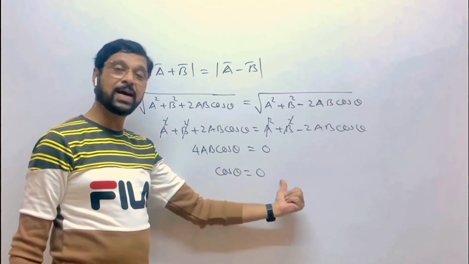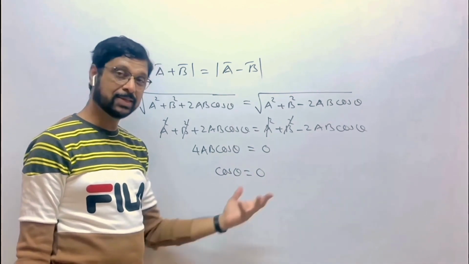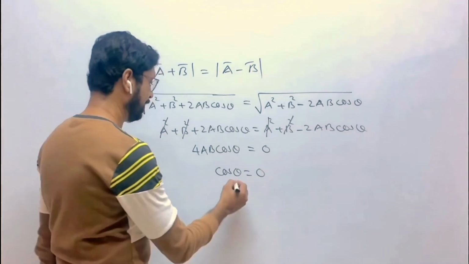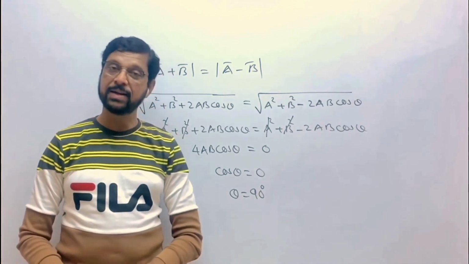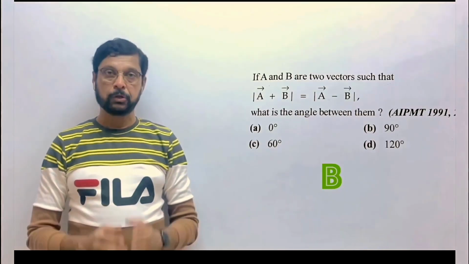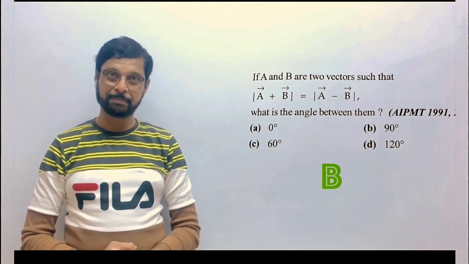So cos theta is equal to 0. किस एंगल का cos 0 होता है? 90 डिग्री का. Means theta is equal to 90 degree. So your answer is B, 90 degree.